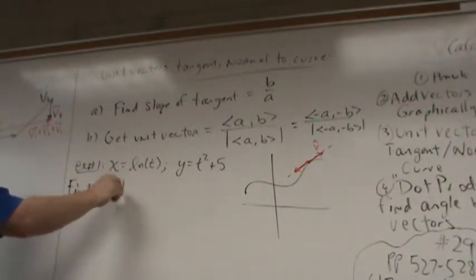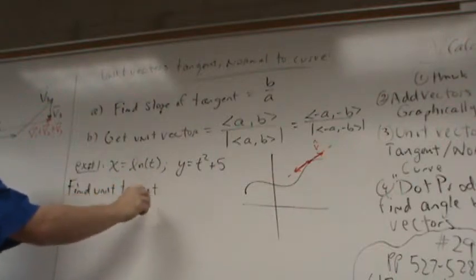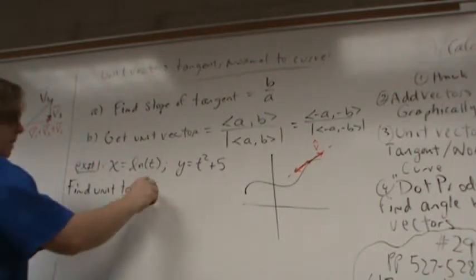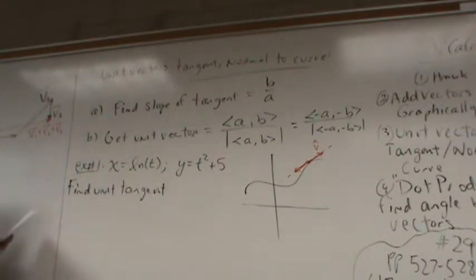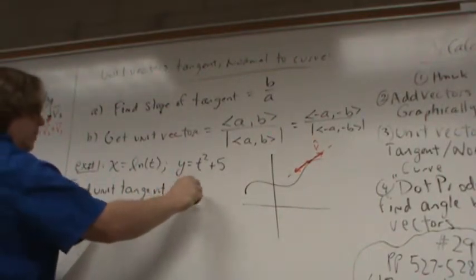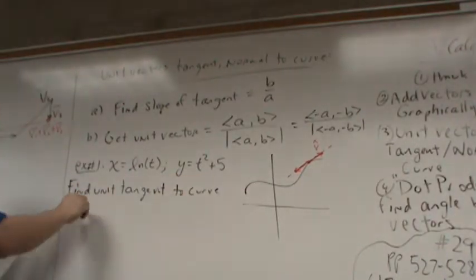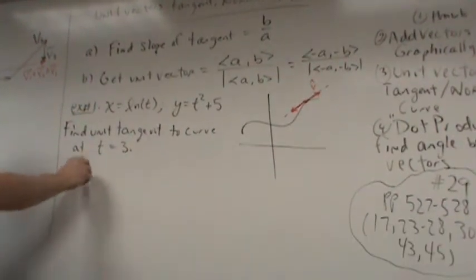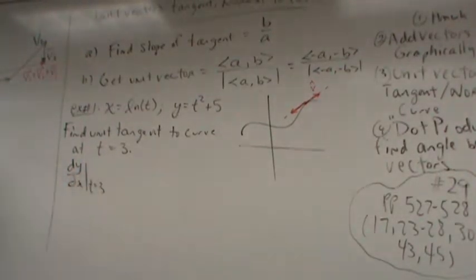Find the unit tangent to the curve at t equal 3. Well, let's do step 1. Let's get the slope of the tangent. Let's get dy dx evaluated at t equal 3.